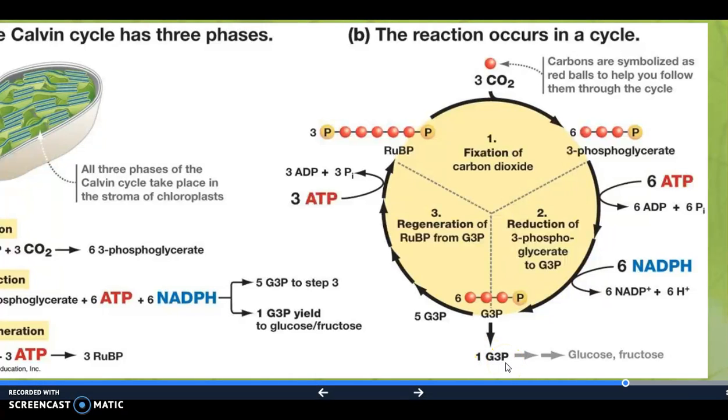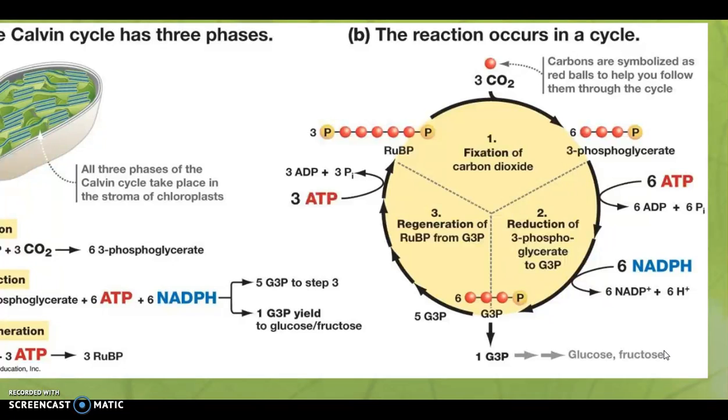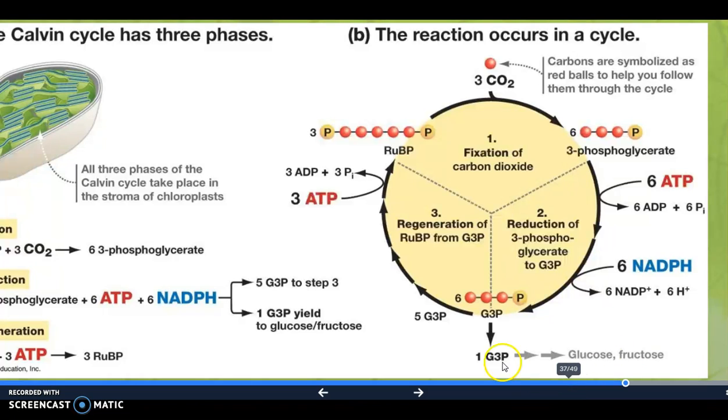We say that the product of photosynthesis is glucose, fructose, etc., but actually the first fixed carbon that the plant will produce from this process is G3P. Okay, so that will go on to all kinds of different metabolic processes and be made into sugars, etc., etc., etc.